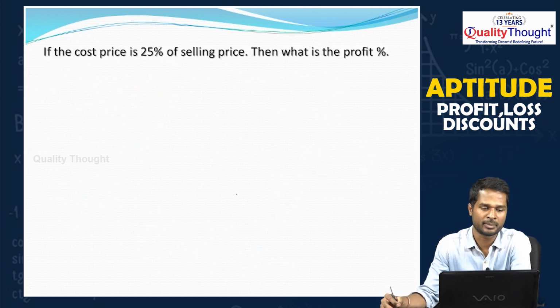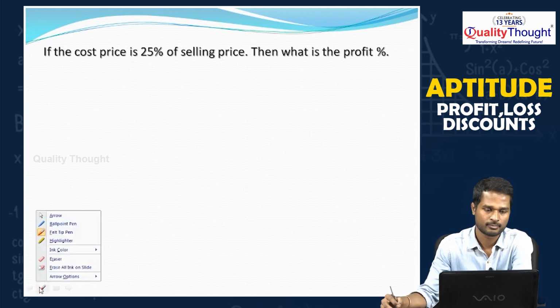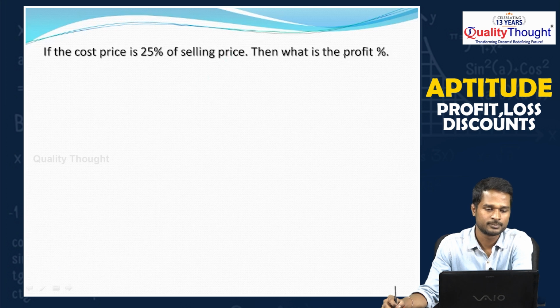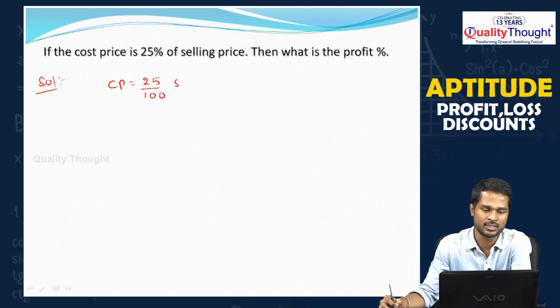Let us see one more question. The question says, if the cost price is 25 percent of the selling price, then what is the profit percentage? So, he has given the cost price. Let us see it. The cost price is equal to 25% of the selling price.